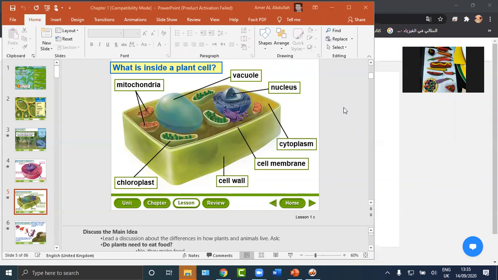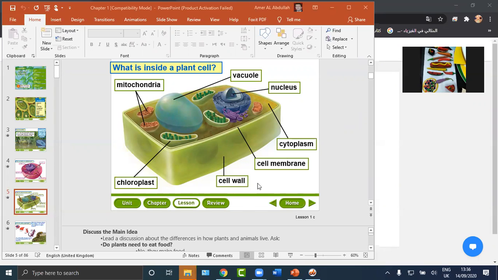Plant cell. Yes, a plant cell has a stronger outer covering. Page 27.